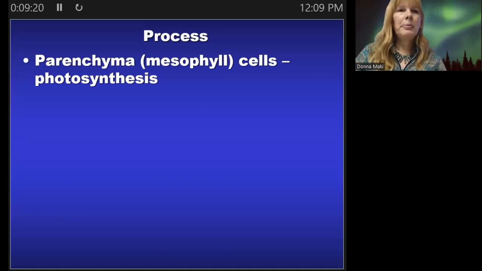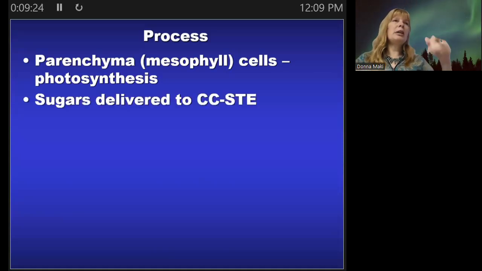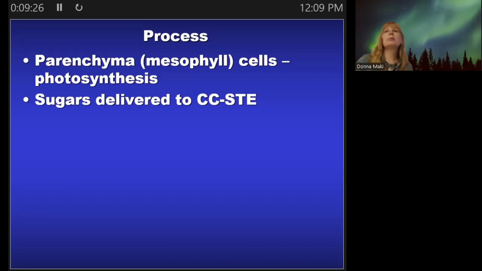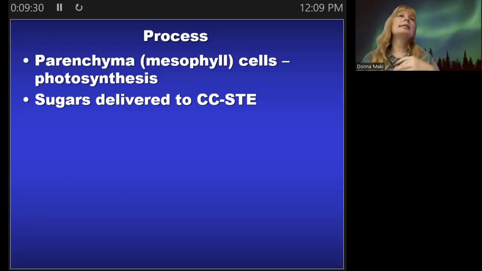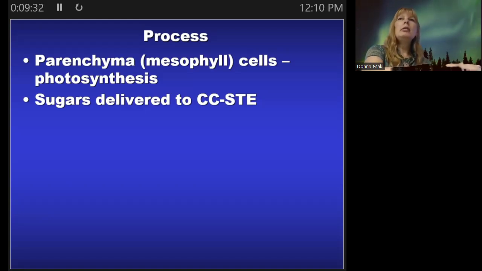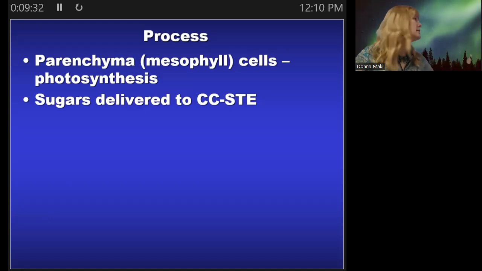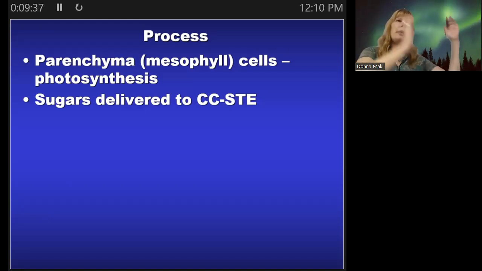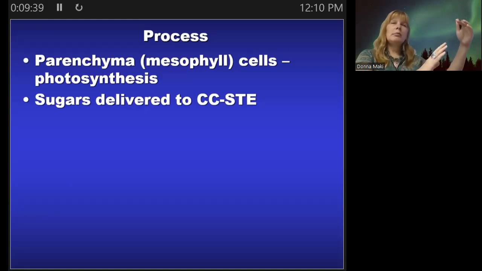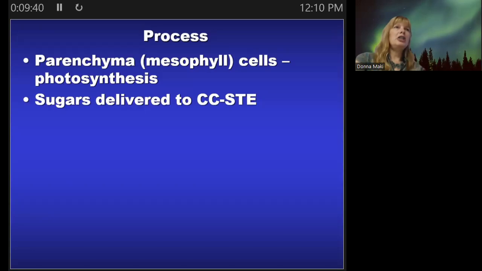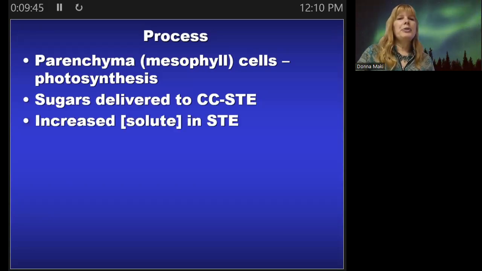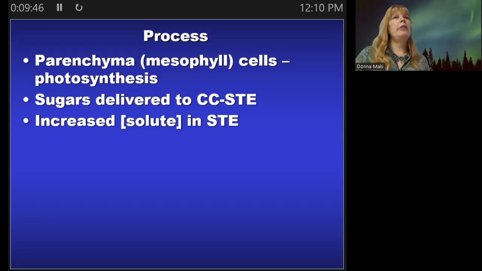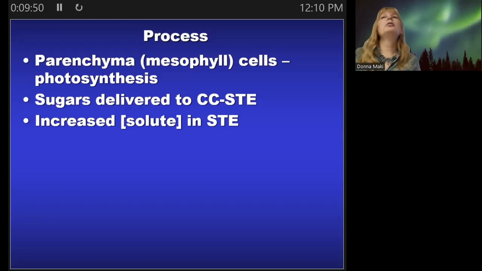This may help. So the spongy parenchyma cells, the palisade parenchyma cells in the leaves, they're busy doing photosynthesis, making that sugar, and they've got to send the sugar to the nearest vein, to the sieve tube element. So CC-STE, that stands for companion cell and sieve tube element. And we often think of it as a unit or a complex. So you dump that sugar into that vein, into the sieve tube element. And again, that's increasing your solute concentration.